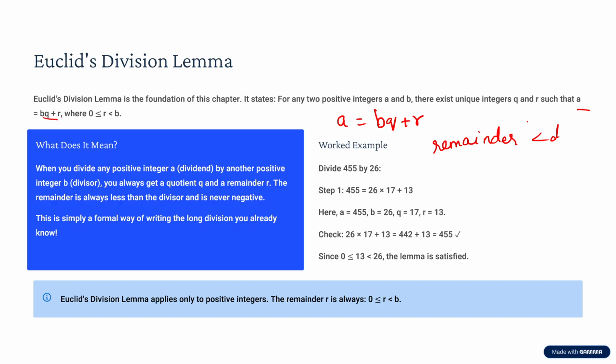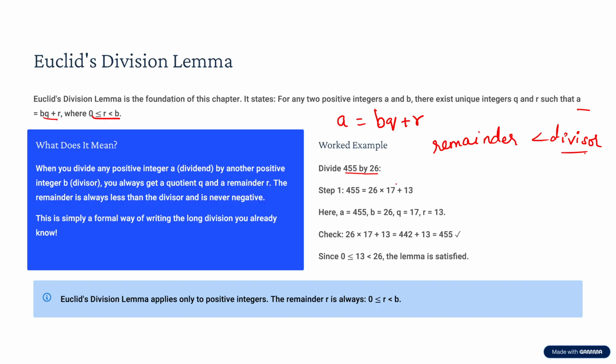So here the remainder is always less than the divisor. Okay. Clear? Let's take an example. 455 we are dividing with 26. What does it mean?